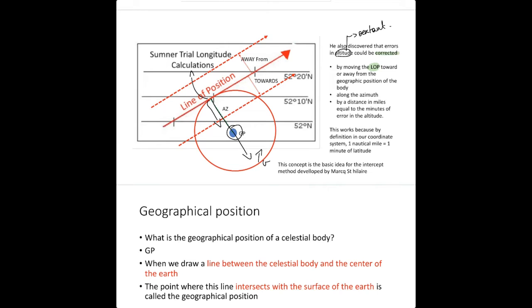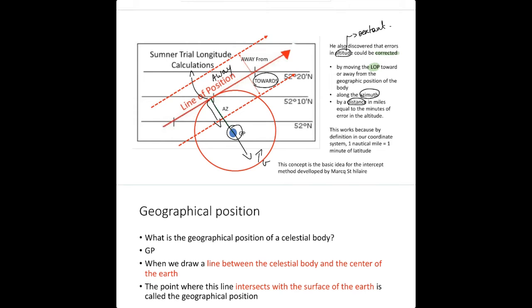By moving the line of position away or towards the geographical position of the celestial body, along the azimuth, by a certain distance, he could correct that error. Okay, what was that distance? That distance was equal to the error in minutes that he made to the altitude.